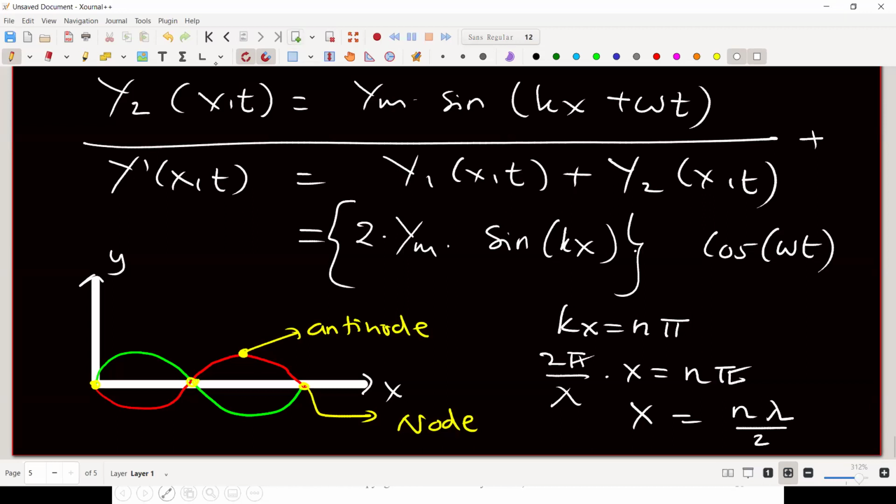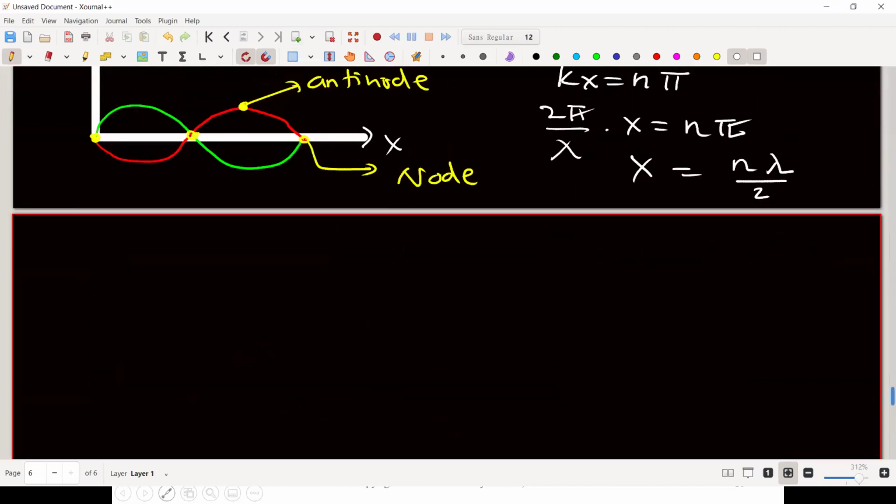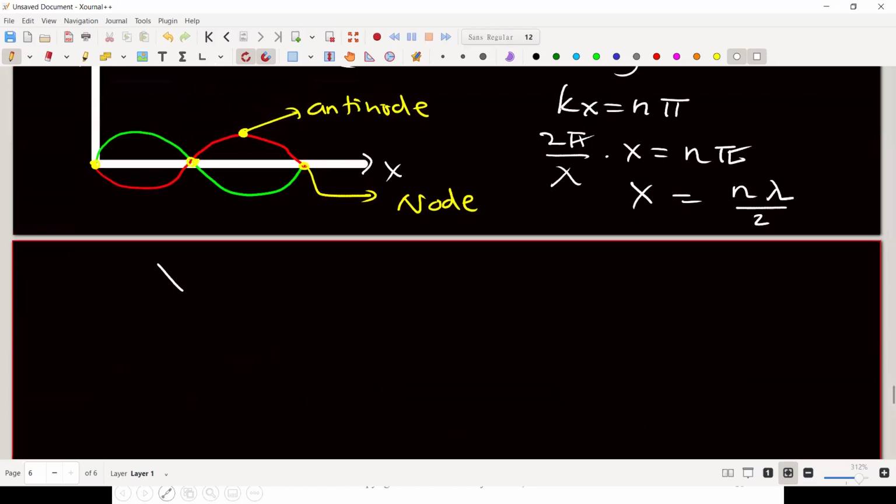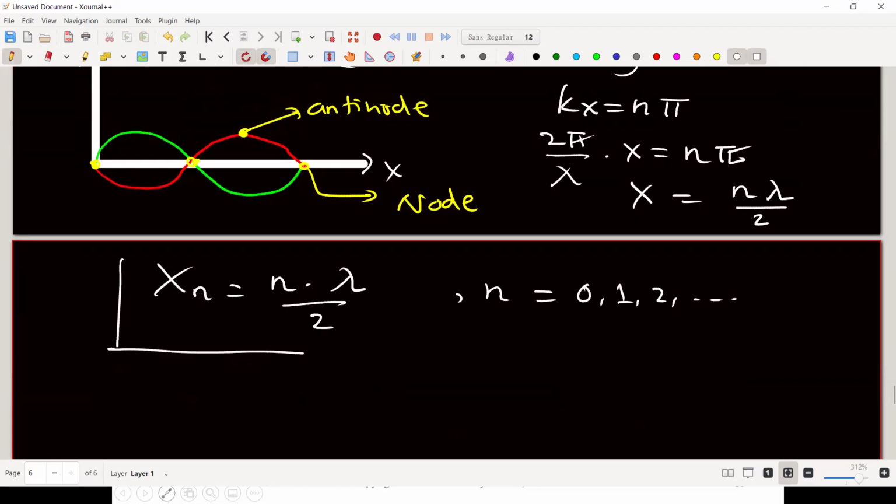So this one is the position of nodes. The position of node xn is n lambda divided by 2, where n starts from 0, 1, 2, and so on.